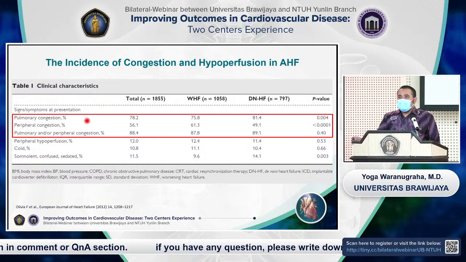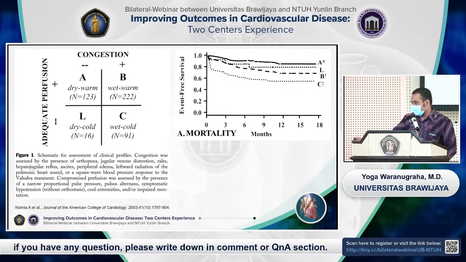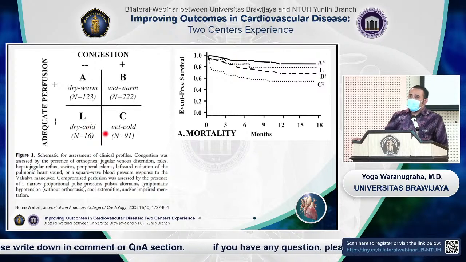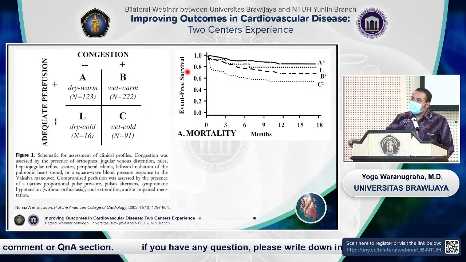All of us know that patients with acute heart failure can be divided into four groups according to the hemodynamic subsets. The first is dry and warm, second wet and warm, third dry and cold, and the last wet and cold. From this Kaplan-Meier curve, we can see that patients with a wet and cold profile show a higher rate of mortality.